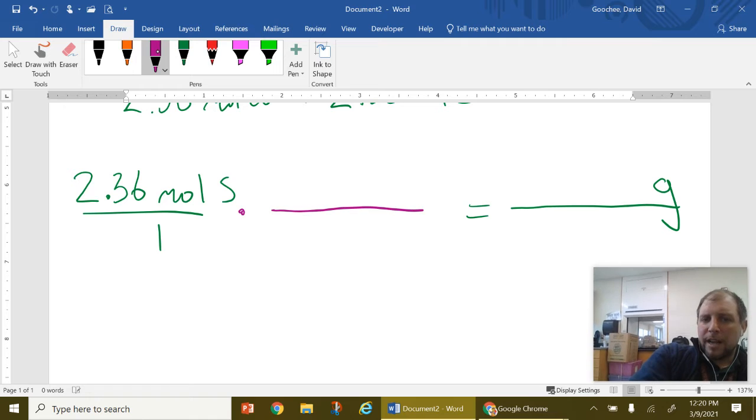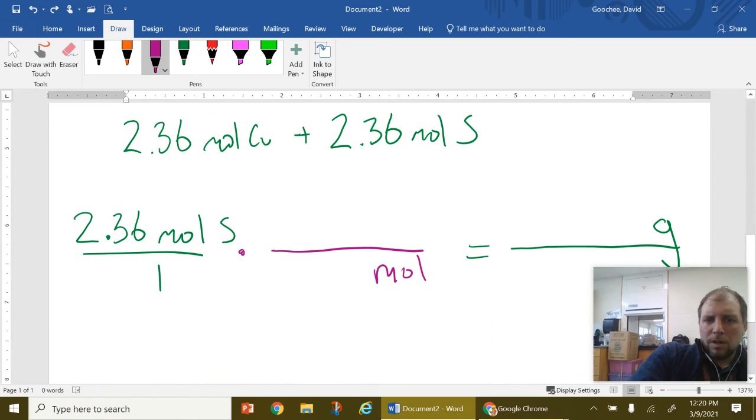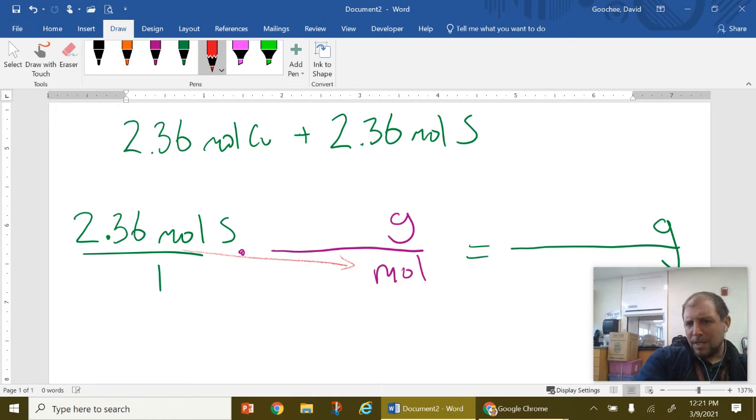I have to get out of moles of sulfur, so moles is on top, so I got to cancel it out on the bottom, and convert it into grams of sulfur.